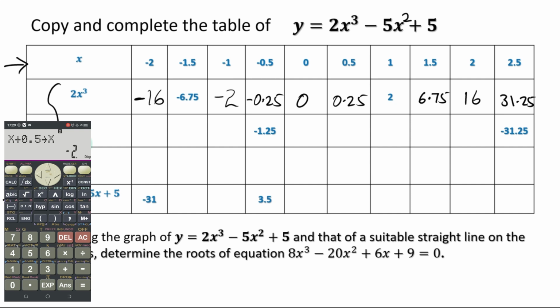Again, when x is minus 2, this will be minus 20.